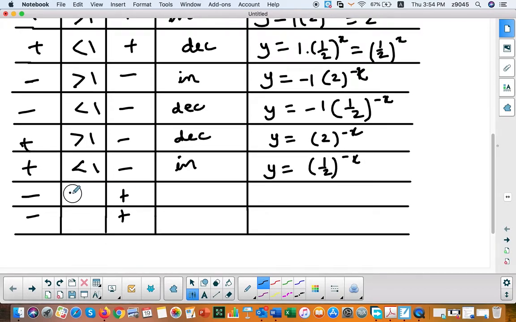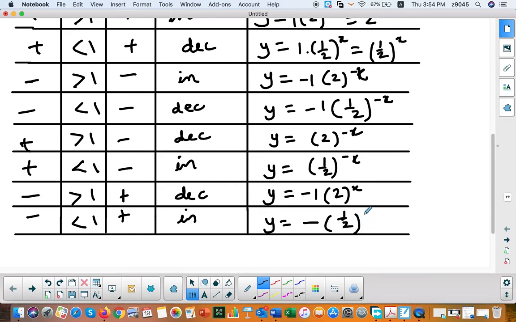Similarly, the last case, a is negative, x is positive. So again, opposite nature: b greater than 1 is decreasing, less than 1 is increasing. And we want to write the graph. a is negative, b is greater than 1 to the power positive x, or y equals negative 1 over 2 to the power x, because b is less than 1 and x is positive.